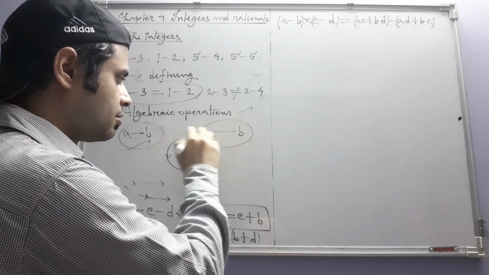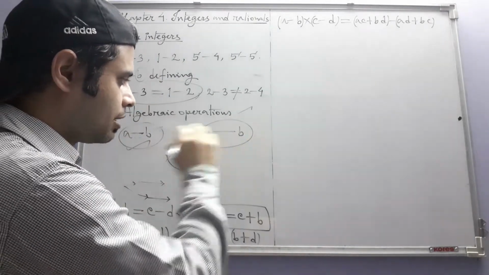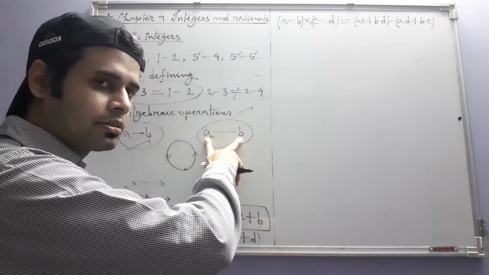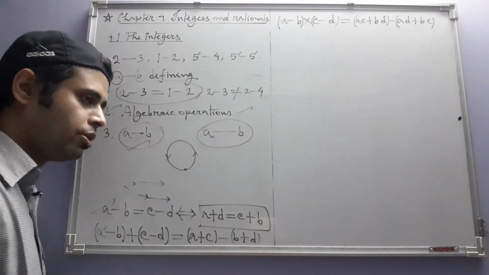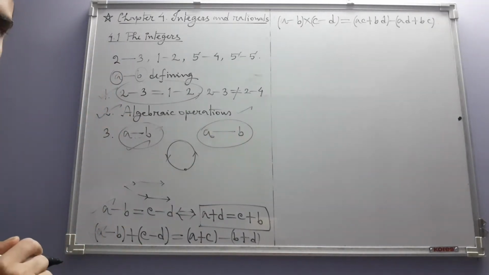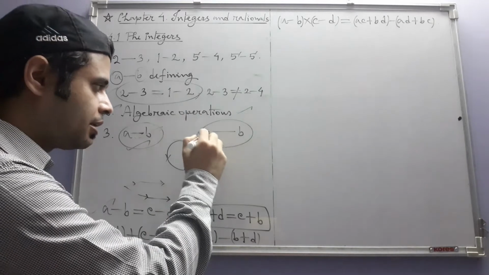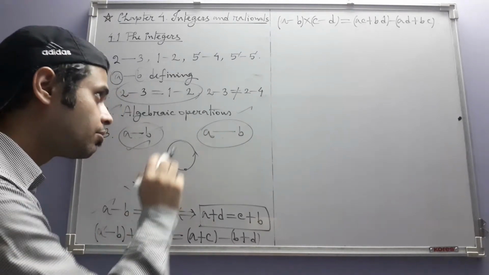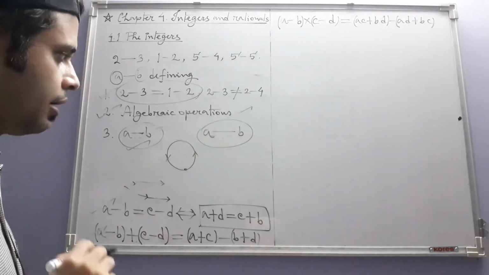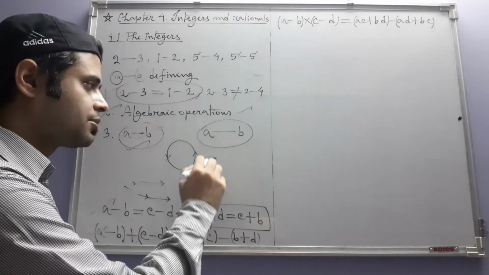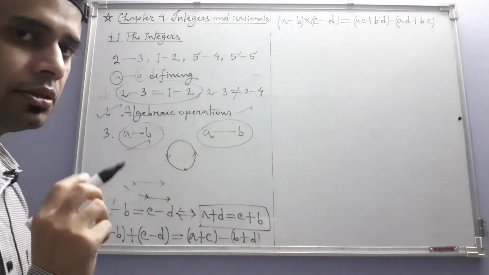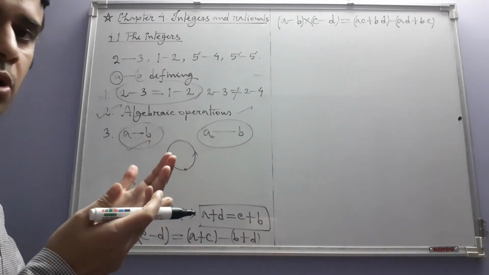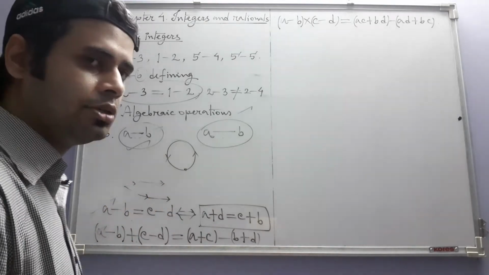One part comes to the left of that bar, one part comes to the right of that bar, and both the parts are natural numbers, and such objects we are going to call integers. Then after defining that, on that set we will define equality, addition, multiplication. Our aim is to be able to define subtraction. That's why we are doing all these things.